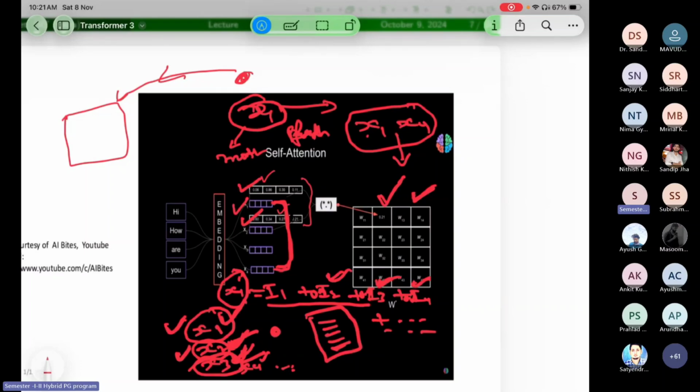And it's obvious because you have already seen here, if they are very close, then I should give more attention. And you know that if they are very close, then it will have a very high correlation value, close to 1. And since it's close to 1, I can consider that as an attention value. If they are very close, then I should give more attention.